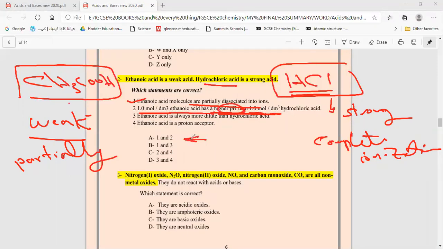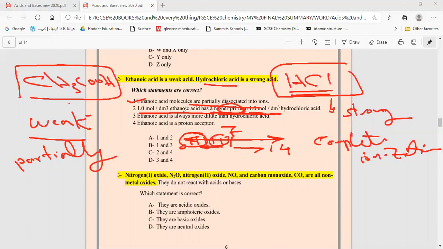If you remember, we said that this is the pH scale. This one represents 0, this one represents 14, and this one 7. This side represents acid, this one represents base, and we have different levels. Anything beside 0 will be a strong acid. Anything near 7 will be a weak acid.